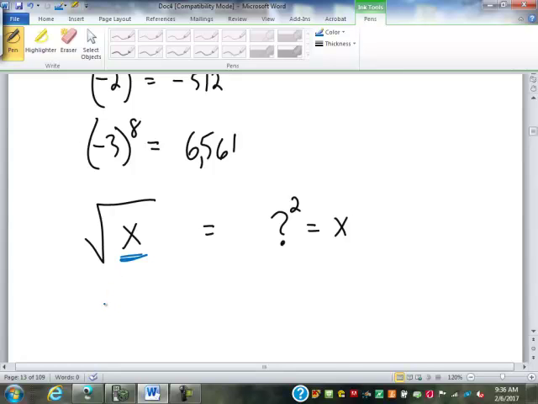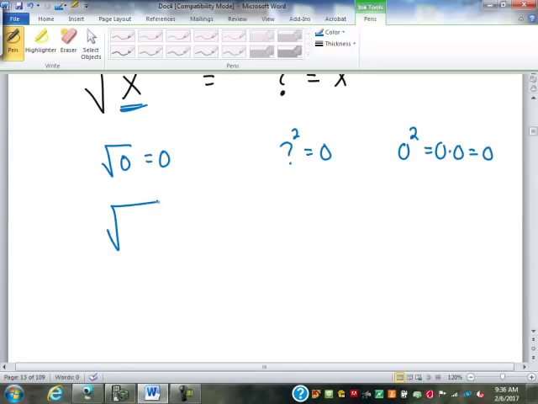Can x be 0? Can I do the square root of 0? Is there a number such that if I square it, I get 0? Well, the logical guess would be 0, right? What's 0 squared? 0 times 0, which is 0. That works. The square root of 0 is 0. We can do that.